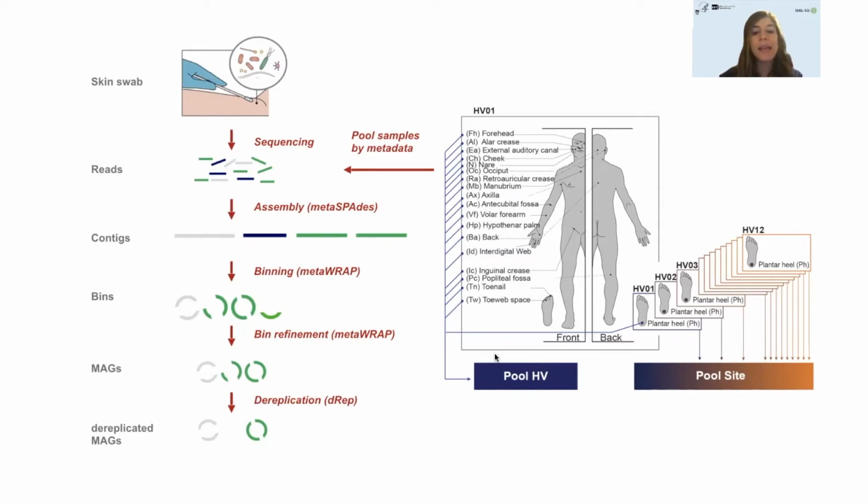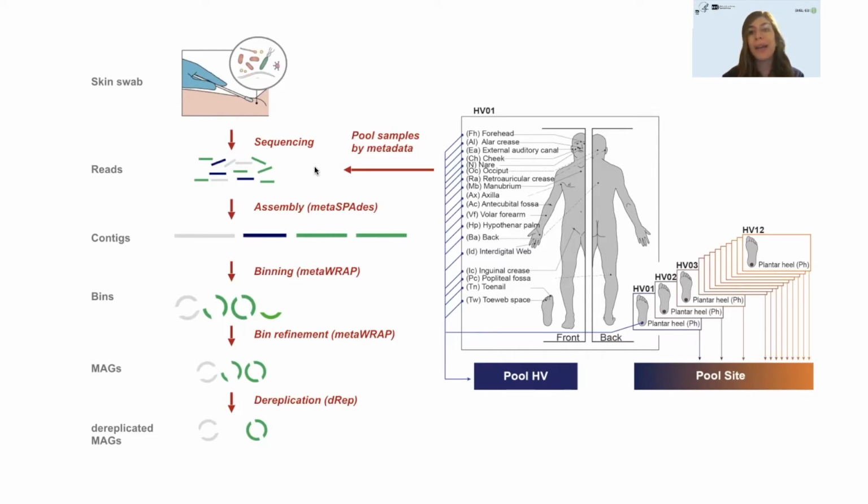In the case of pool healthy volunteer, for example, we aggregated all the sequencing reads of all body sites of this one healthy volunteer and put that through our pipeline. In the case of pool site, we took the same body site of many different healthy volunteers and aggregated those reads, and again put that through our pipeline.